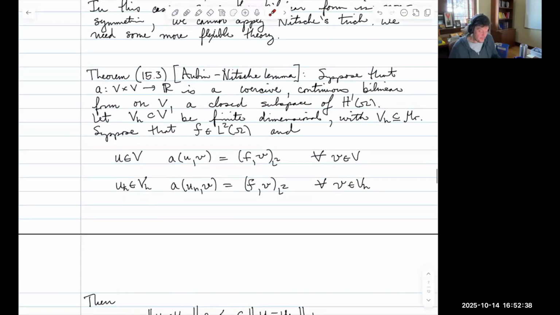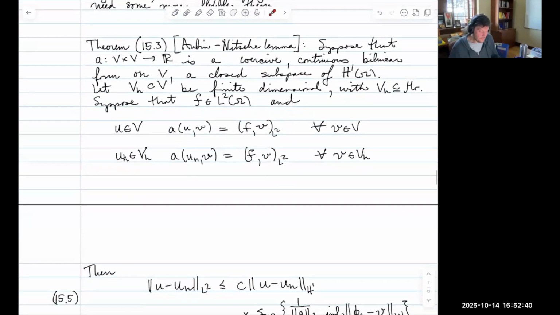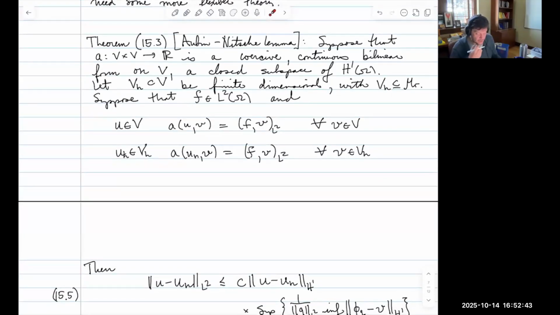To do that, we're going to prove something called the Aubin-Nitsche lemma. Remember, we used Nitsche's trick to get the L2 error estimate for the symmetric case. The Aubin-Nitsche lemma takes the place of that trick. We can't use this exact same trick because we used symmetry somewhere. And now that we don't have symmetry, what can we do? So this is the answer to that question.